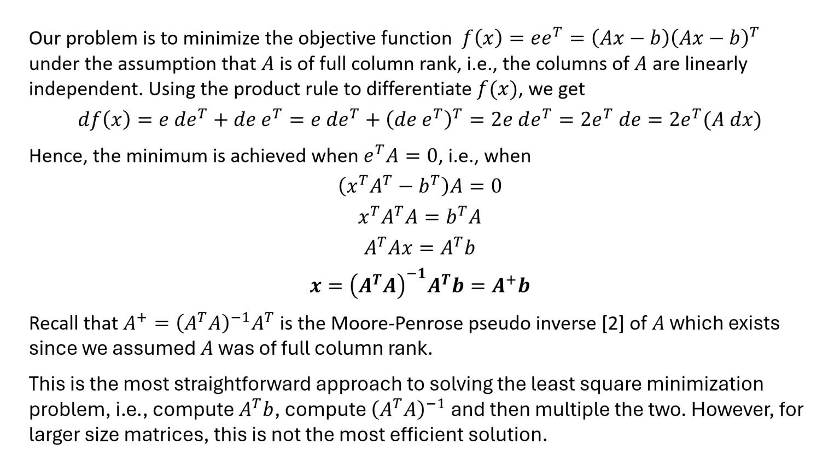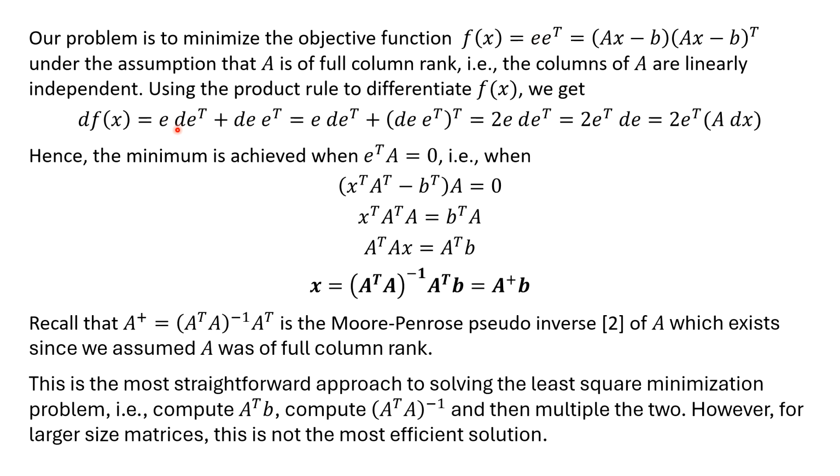To reiterate, our problem is to minimize the objective function f of x equals the residual times its transpose, which in turn equals this expression here, on the assumption A is of full rank, that is, the columns of A are linearly independent. So we'll use the product rule to differentiate f of x, keeping in mind we have vectors here, so we need to keep the order intact.